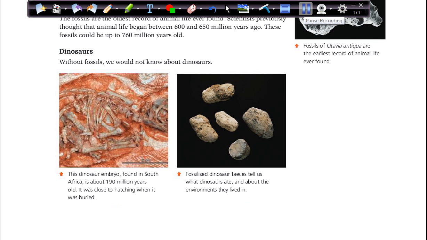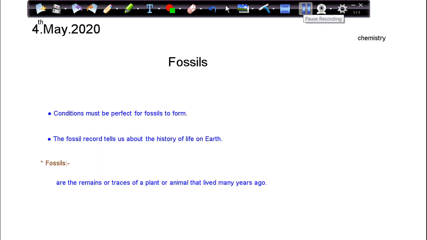Now let's go to the summary of the lesson and see what we have. Fossils. Conditions must be perfect for fossils to form, without any predators or other creatures to eat the dead animals. The fossil record tells us about the history of life on Earth.